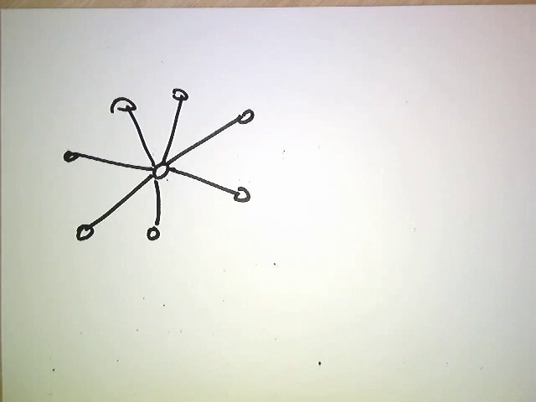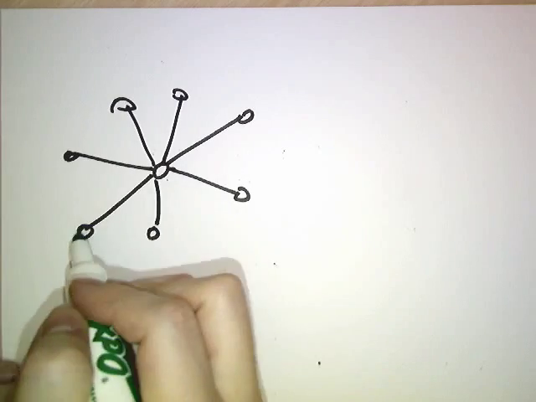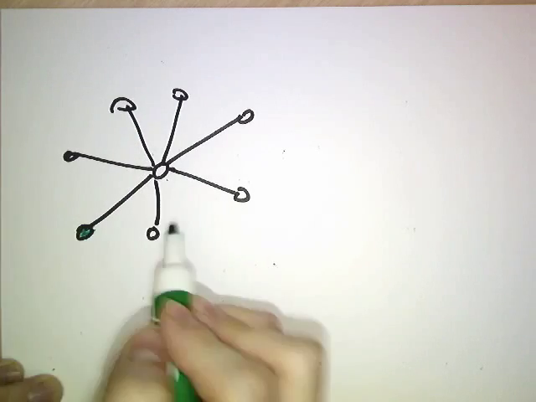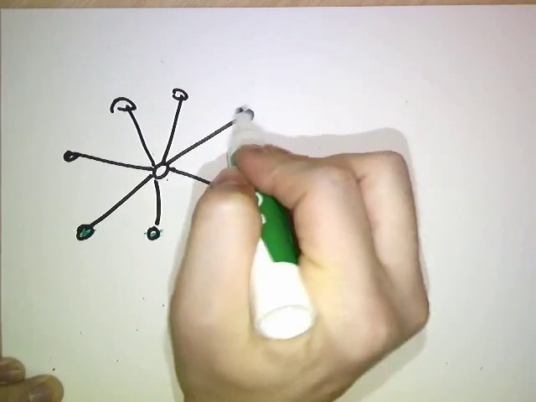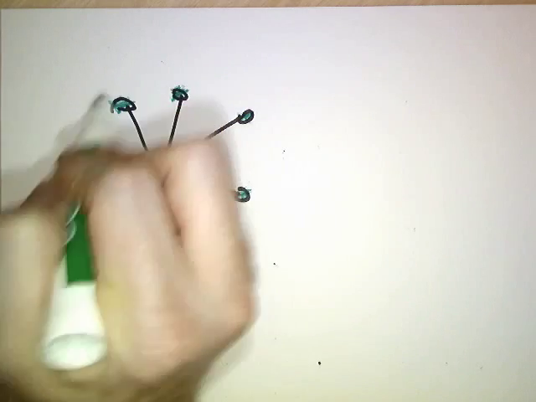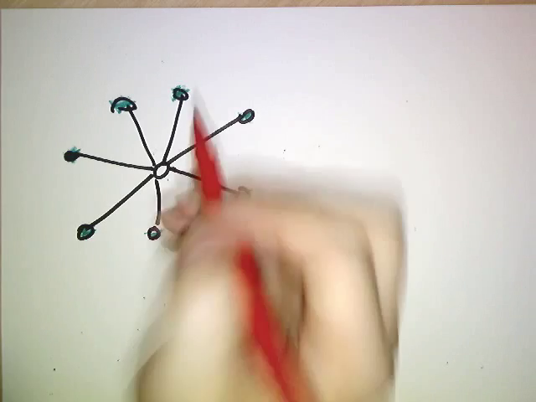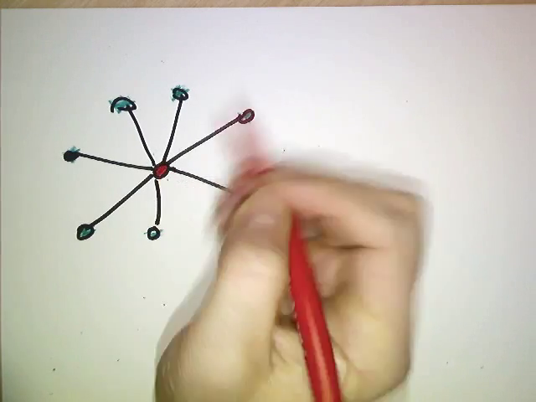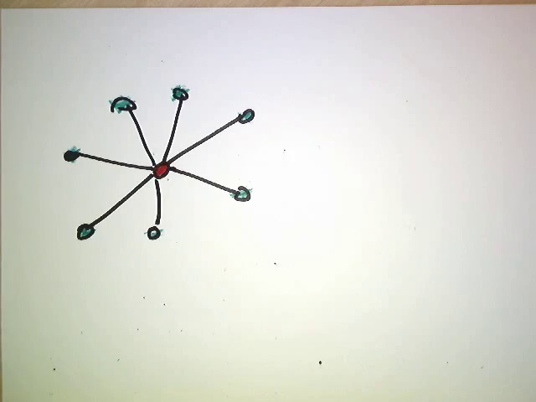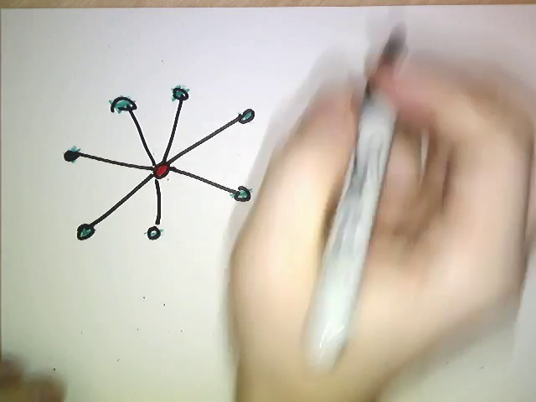But this graph, even though it has a vertex of very high degree, it's easy to color. I can color all of the outer vertices green, and I can color the inner vertex red. So this graph, in fact, is 2-colorable.